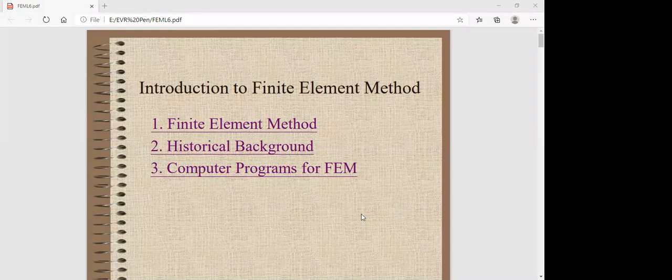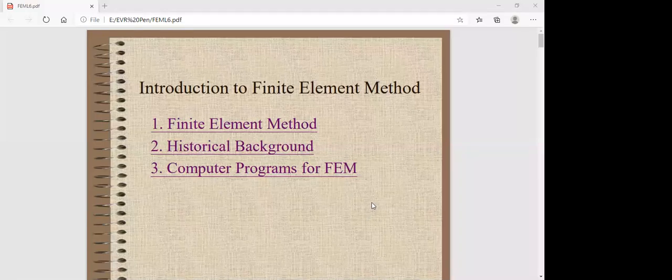So in this class, we are entering into unit 2. In this unit 2, we are discussing what is the finite element method and its historical background, and what are the programs which are available in the market for dealing with the finite element method.